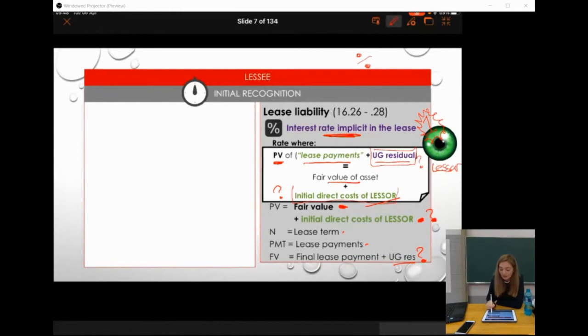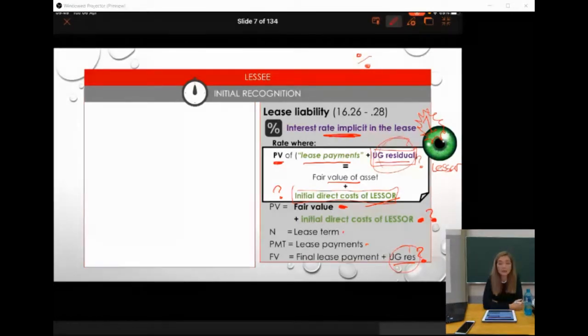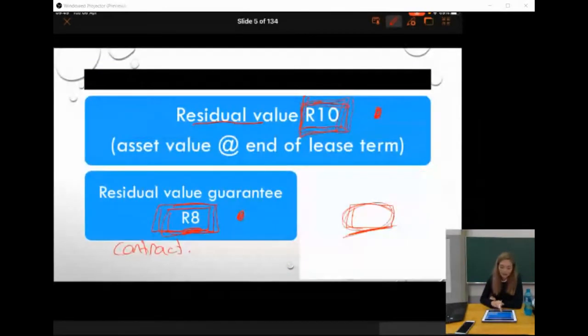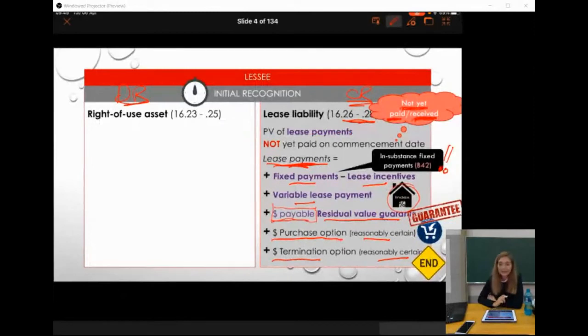If we know what the unguaranteed residual value is, and if we know what the initial direct costs of the lessor were, then we can use the interest rate implicit in the lease, which means that the unguaranteed residual value is going to affect the measurement of the lease liability. However, if we go back to this picture, it does not affect the actual lease payment.